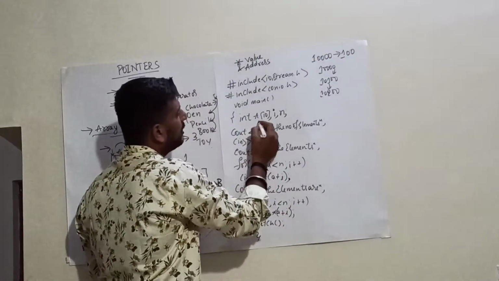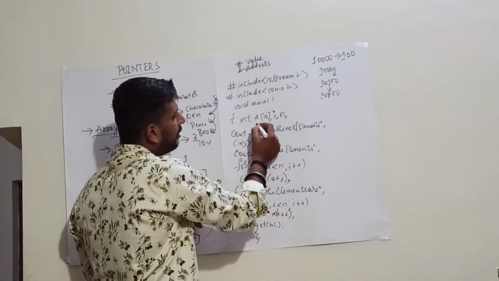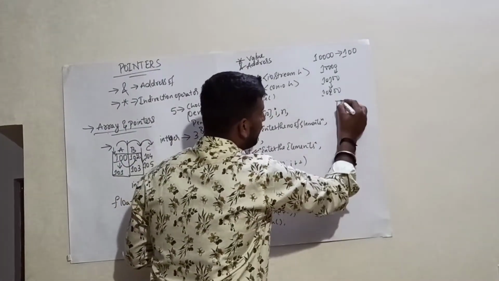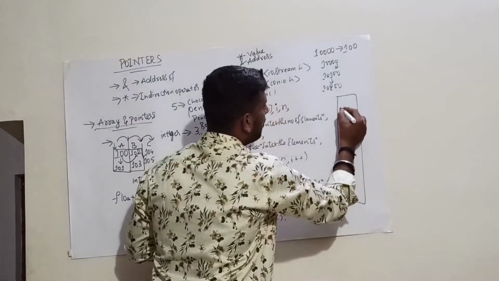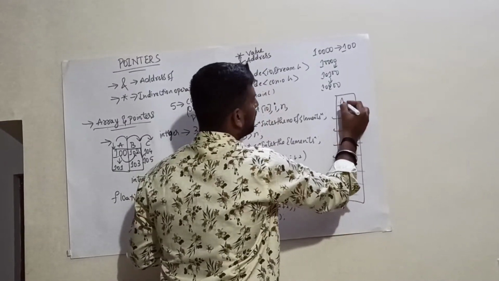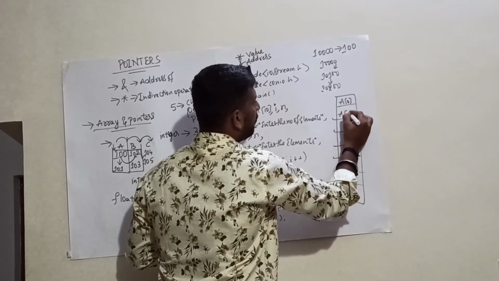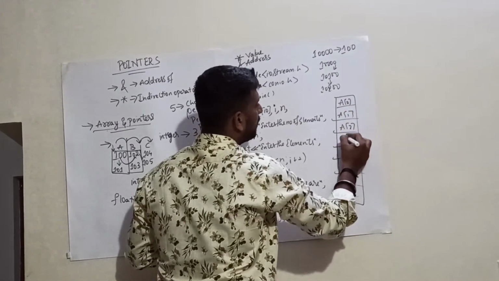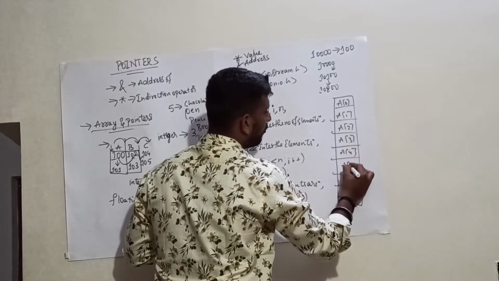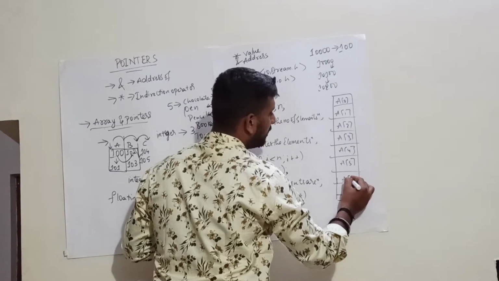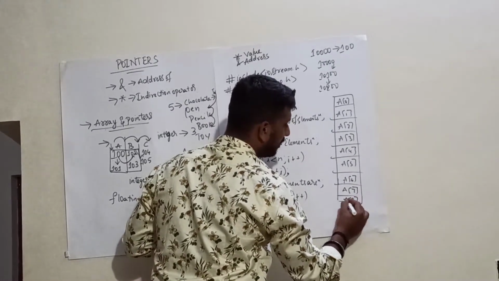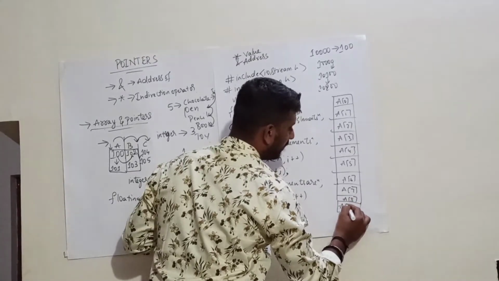In the same way, I am having an array of integer kind, and I am assigning the address of the first element to the pointer. So let us consider a of 0, a of 1, a of 2, a of 3, a of 4, a of 5, a of 6, a of 7, a of 8, and then a of 9.